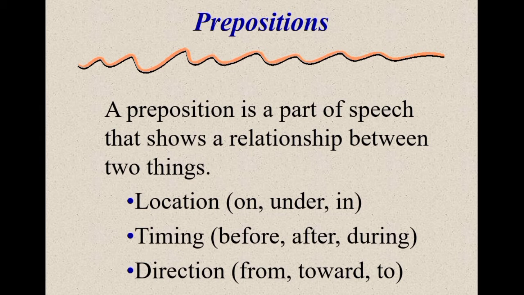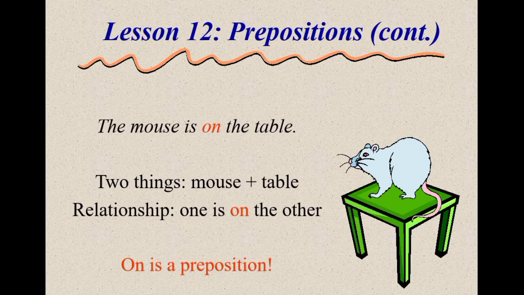Okay, students, now let us see an example of two things. Over here, the mouse is on the table. Here, on is the preposition. On indicates the relationship of one being on the other.